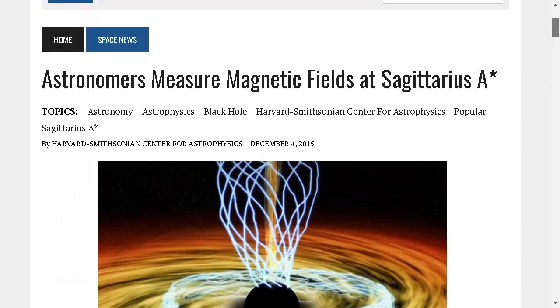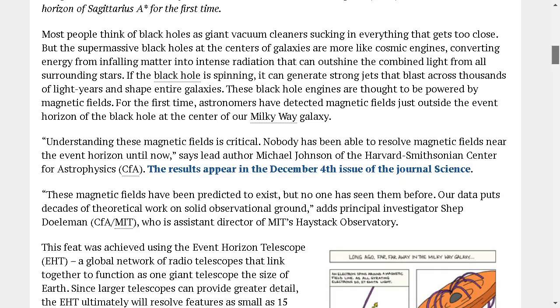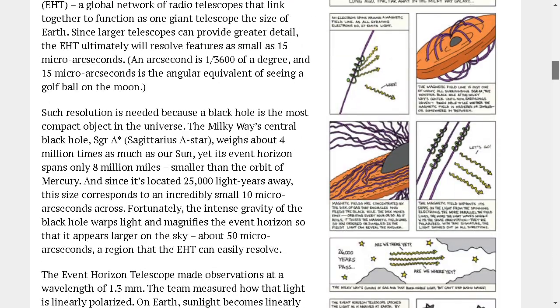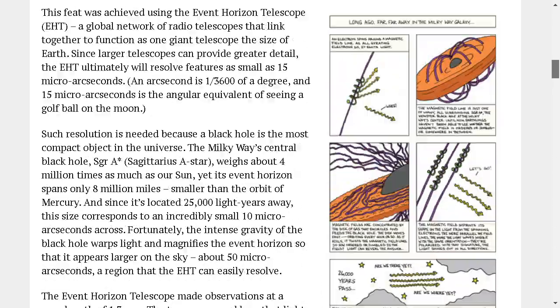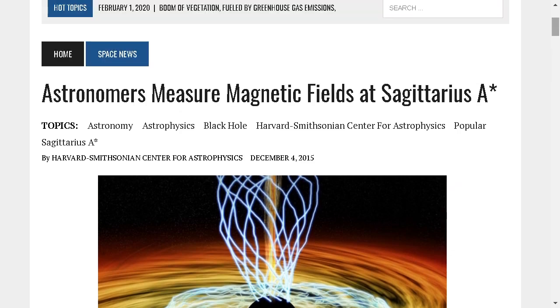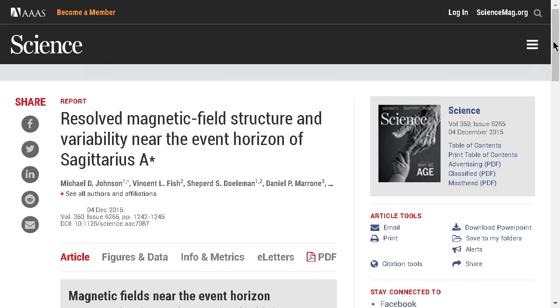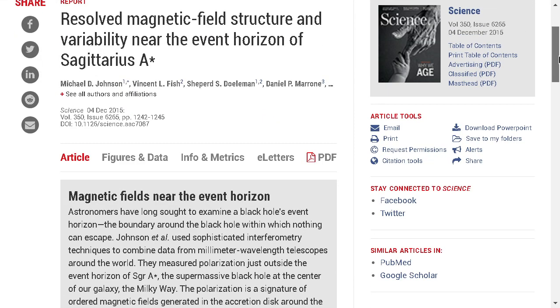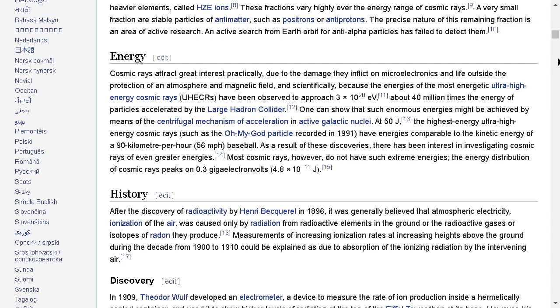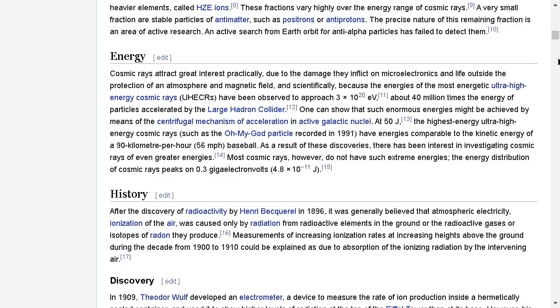Here's an article about more measurements of the magnetic fields and the way they operate, as well as synchrotron radiation and some other stuff detected around these areas. So have a read on that if you like also. We've also included the paper that's cited about the resolution of the magnetic field structure around the galactic core. So that's all in there.